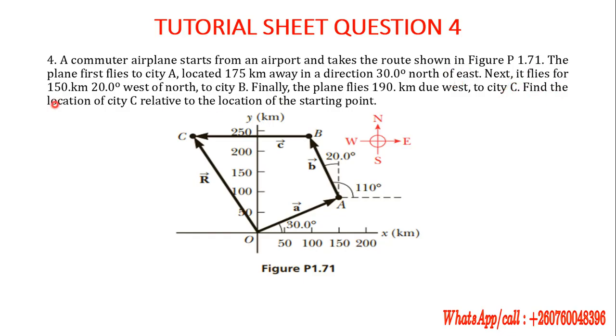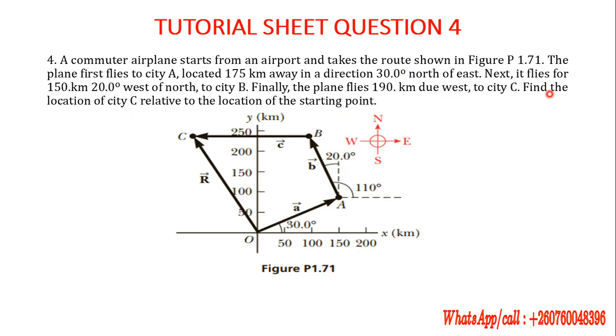Next, it flies for 150 km, 20.0 degrees west of north to city B. Finally, the plane flies 190 km due west to city C. Find the location of city C relative to the location of the starting point.